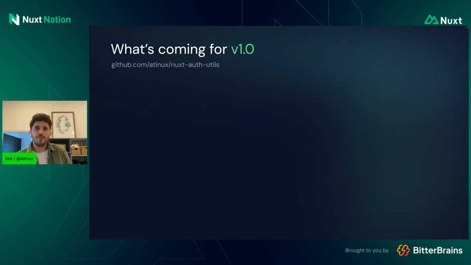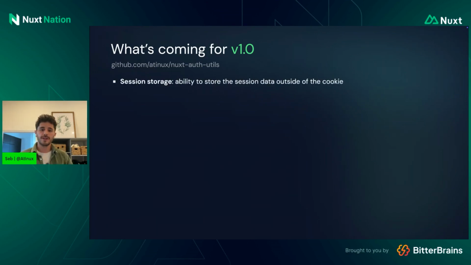What's coming for V1? So right now the repository is on nuxt-modules/auth-utils. Session storage. We are working on adding the possibility to plug in a session storage. Why? Because it will allow your users to revoke other sessions remotely.